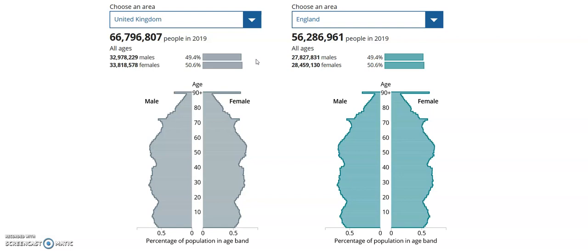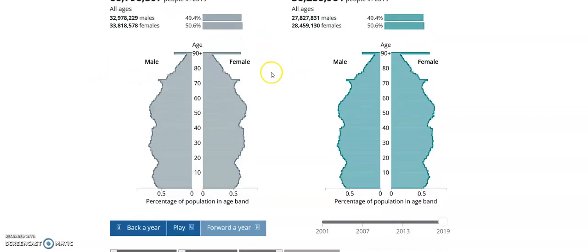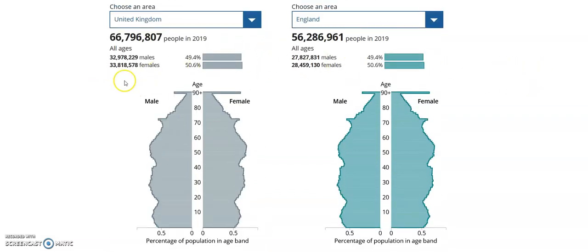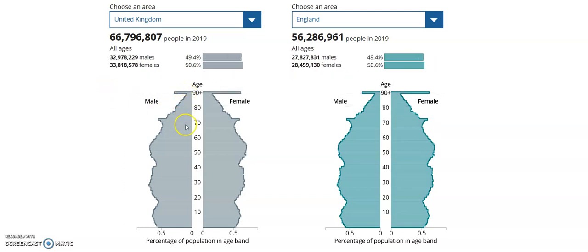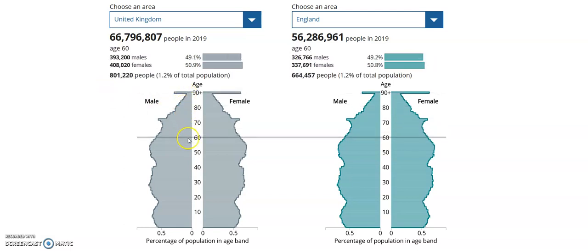The females are slightly more than males in the UK. This is very interesting, looking at age. At all ages we can look at the breakdown between male and female.